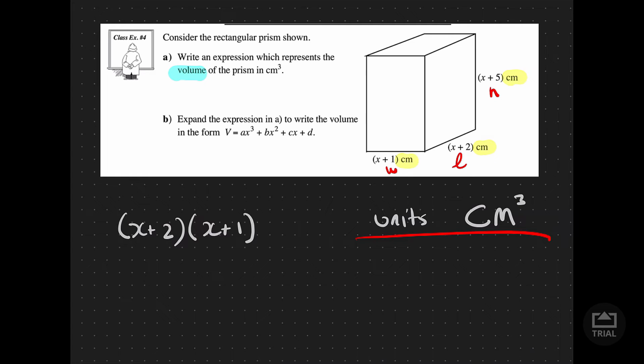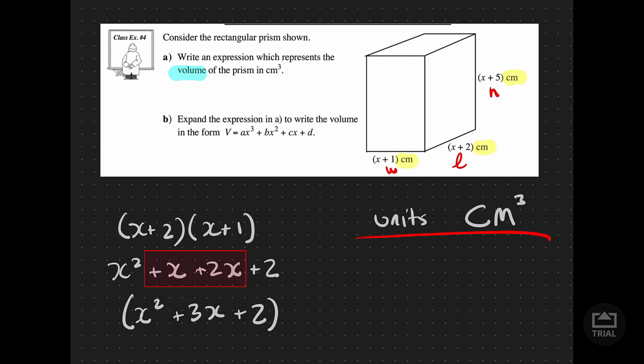So x times x is x squared, x times 1 is positive x, 2 times x is going to be plus 2x, and 2 times 1 is going to be a positive 2. I have like terms right here in the middle, so I'm going to combine those together, and our final answer for these two binomials being multiplied together is going to be x squared plus 3x plus 2, and we want to put that in brackets.